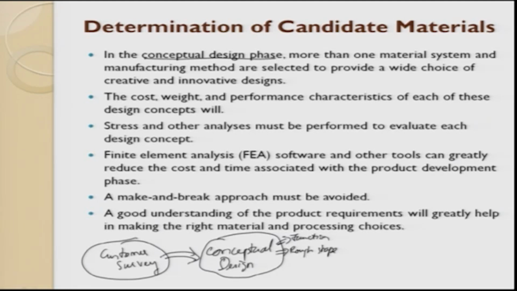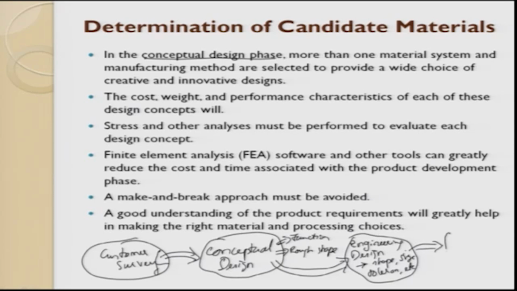He goes back to the customer and asks whether it is fine. Once the conceptual design is analyzed and accepted, he goes to the engineering design. In engineering design, he talks about shape, size, tolerance, etc., and then he goes for manufacturing.